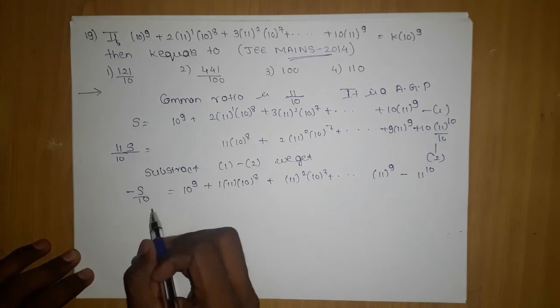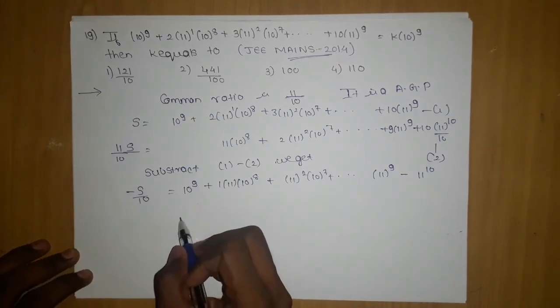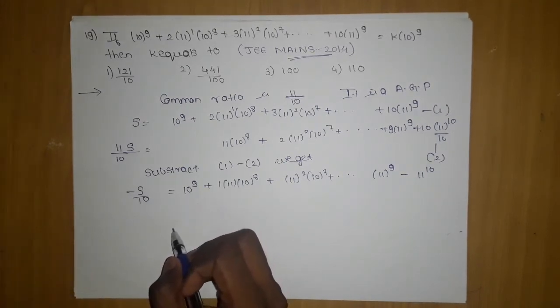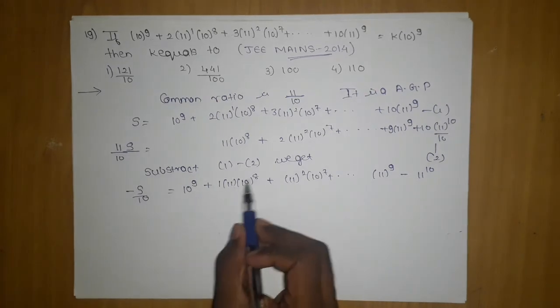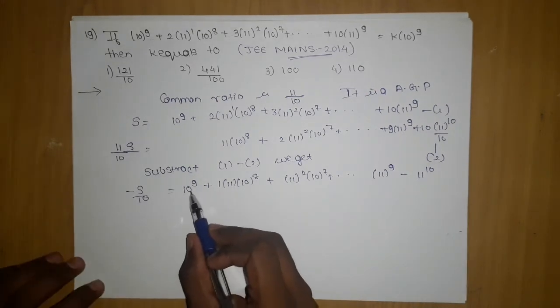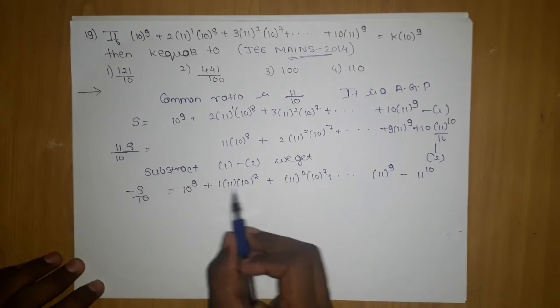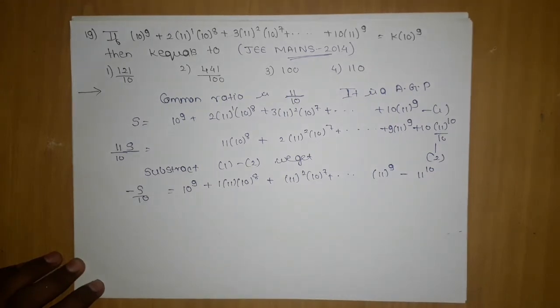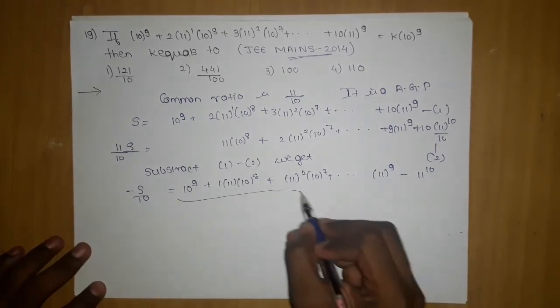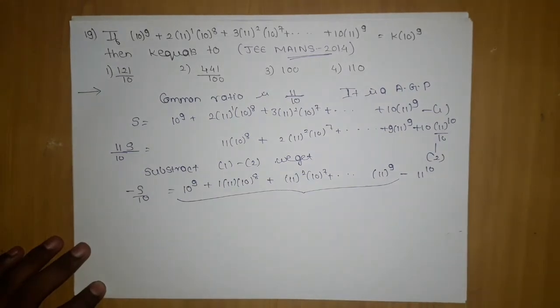So what we can do, since you can observe straightforward, here 11 by 10 is the common ratio, and the number of terms, these are nothing but 10 terms, and this one is different.